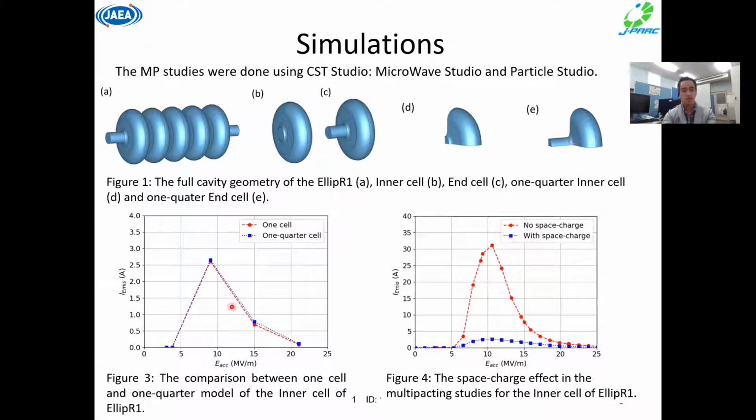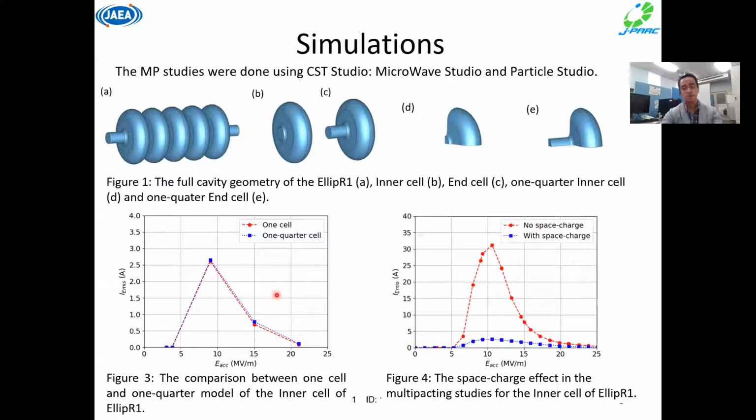Then in this table, I compare the performance using the 1-cell model and the 1/4 model. Here I plot the emission current against different accelerator gradients at which we will operate the elliptical cavity. And we can see that the two models have a good agreement.